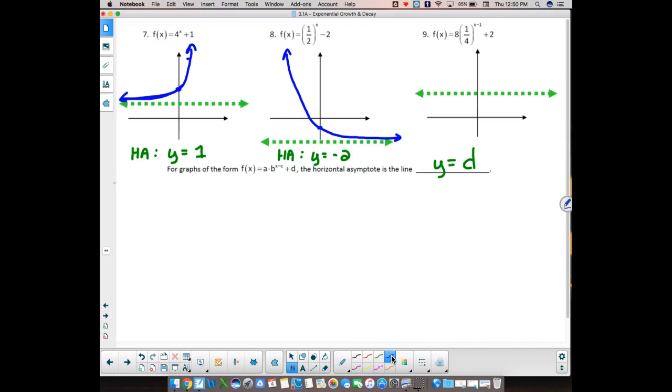Okay, so 1 minus 1 is 0. 1/4 to the 0 power is 1. Times 8 is 8. Plus 2 is 10. So I went through the point 1, comma 10. What value gives me 1 for an exponent? 2. 2 minus 1 is 1. 1/4 to the first power is 1/4. Times 8 is 2. Plus 2 is 4.